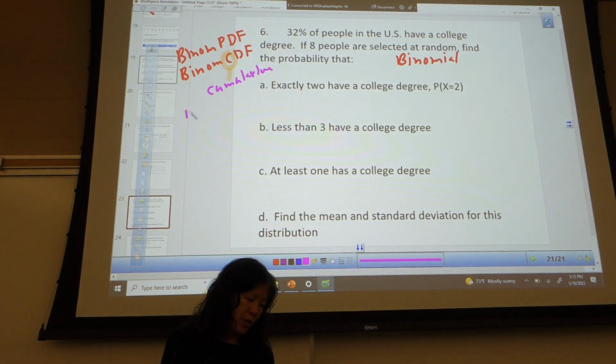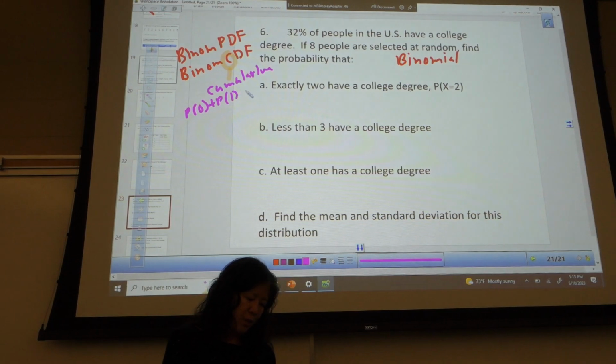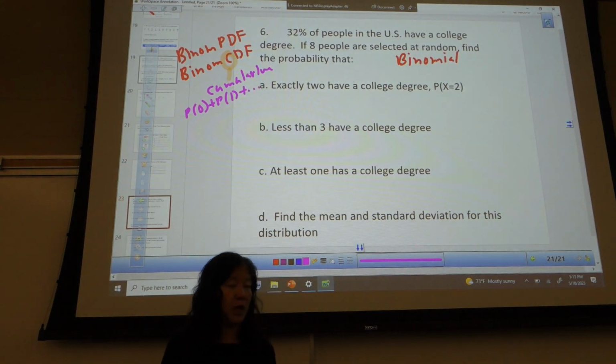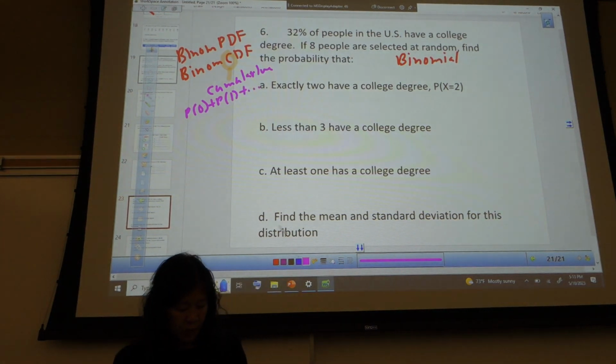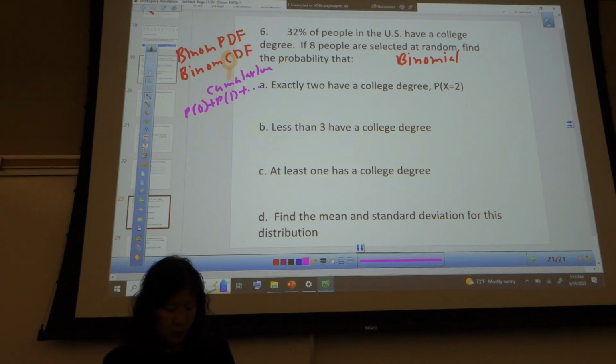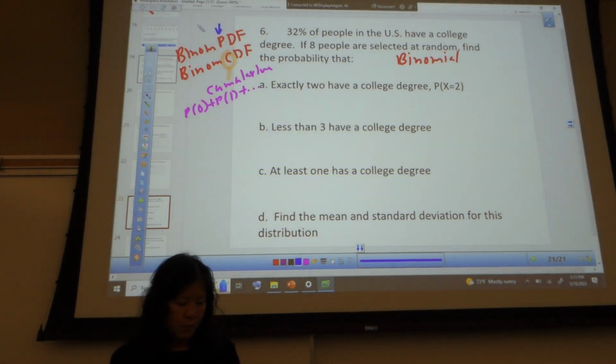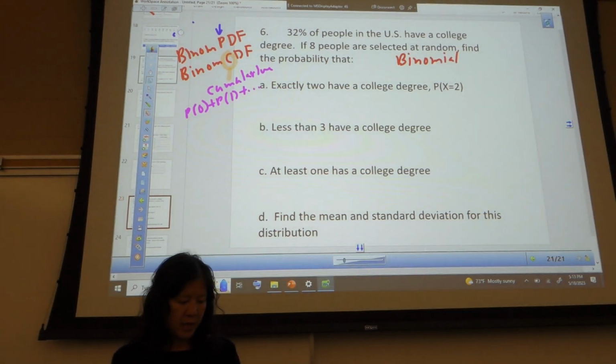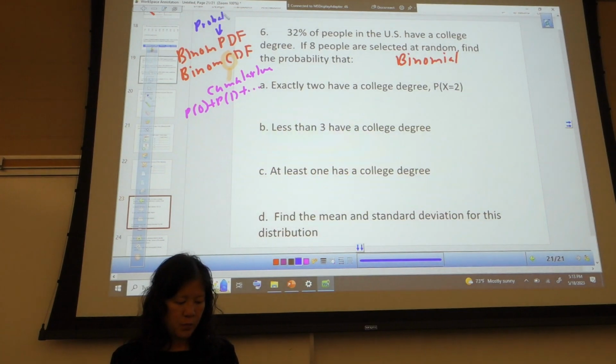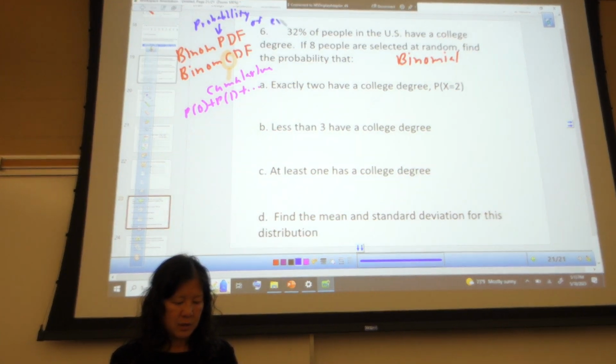So it's the probability of 0 plus the probability of 1 plus the probability of up to whatever you stop at. Whereas the PDF is just the probability of exactly 8, whatever number. Probability of exactly X.